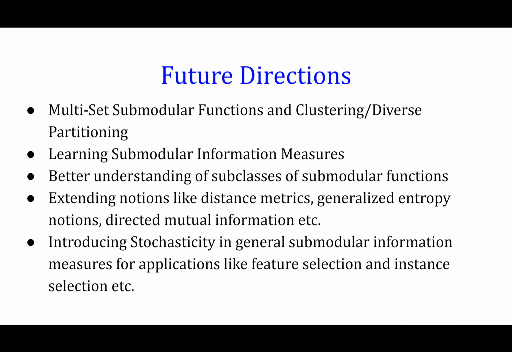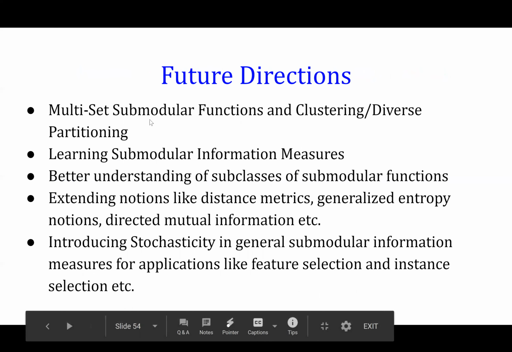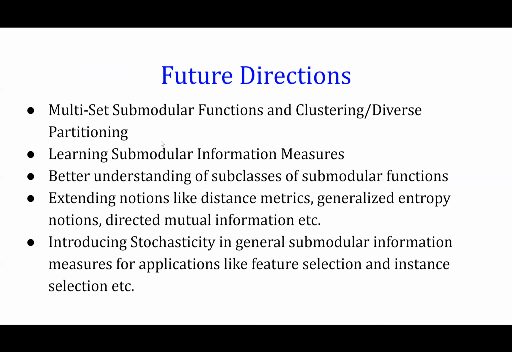All right, very quickly in the next 30 seconds or so, I will summarize some future directions. The first is extending a lot of the multi-set properties, multi-set total correlation, multi-set mutual information, like the multivariate mutual information, and using these for multi-set optimization problems, for applications like clustering, where you want to select k different sets of data points, or diverse partitioning.